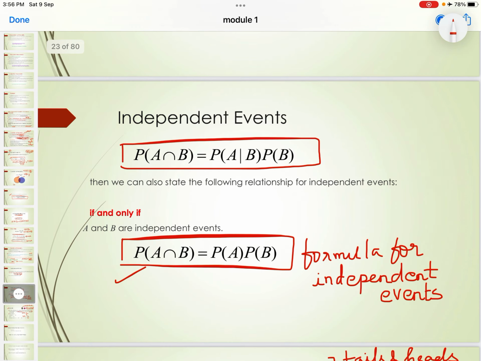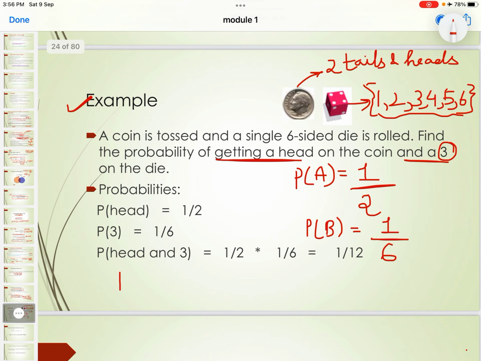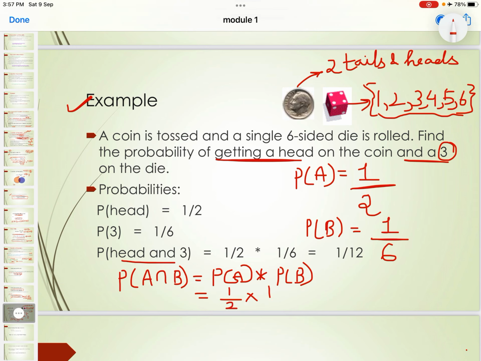Now we saw the formula: P of A intersection B is P of A into P of B. So P of head and 3 is equal to P of A, which is 1 by 2, into P of B, which is 1 by 6, that is 1 by 12.